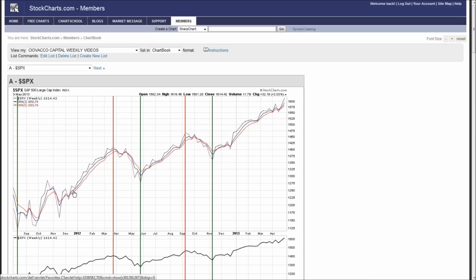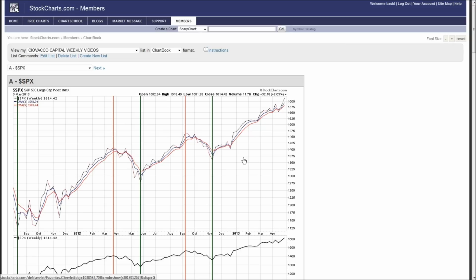Notice during the majority of this advance, blue stays above red, price is above both moving averages, and the slope of all three, or the trend, for the most part during this advance is up. The inverse is true here. Price goes below the moving averages, and eventually you get a clear moving average crossover here, and after that point the market is weak. Bullish, crossover, bearish, bullish crossover, bullish results.